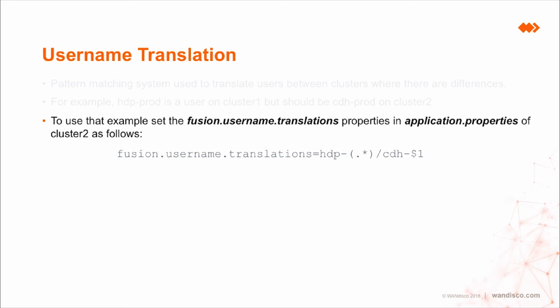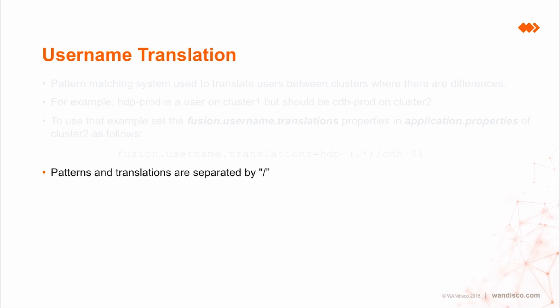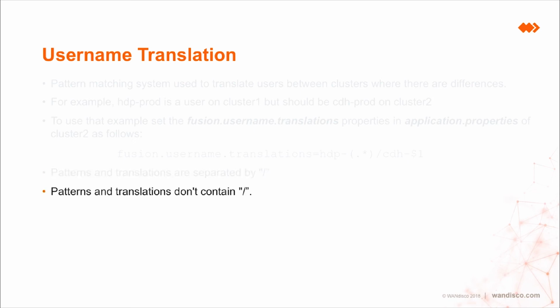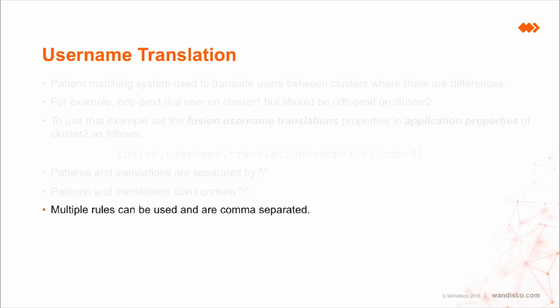What that will enable is it'll say that HDP-prod will appear as CDH-prod in cluster 2. Patterns and translations are separated by /. Patterns and translations don't contain the /. Multiple rules can be used and are comma separated.